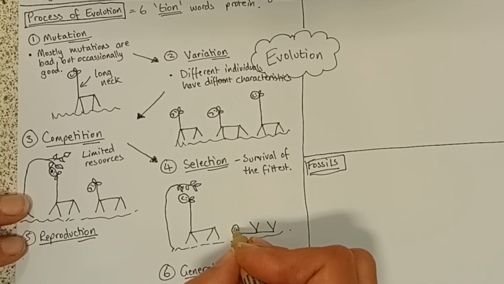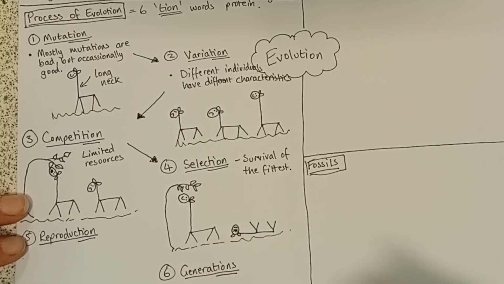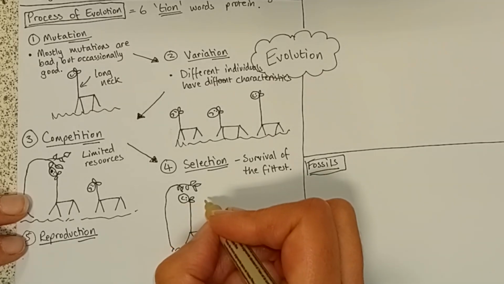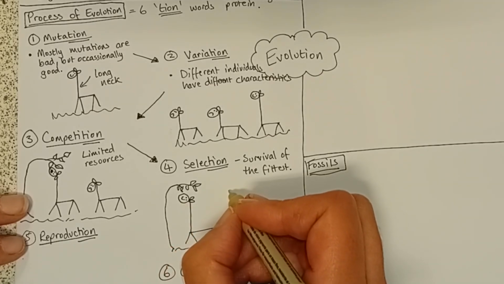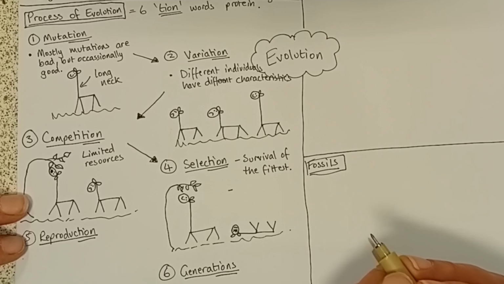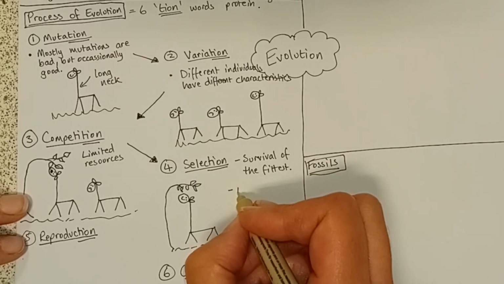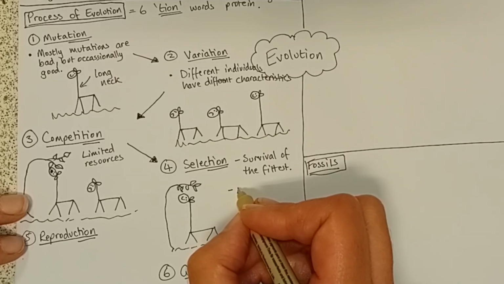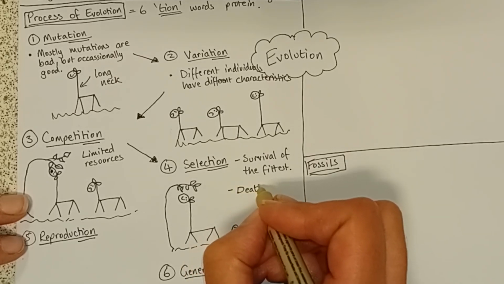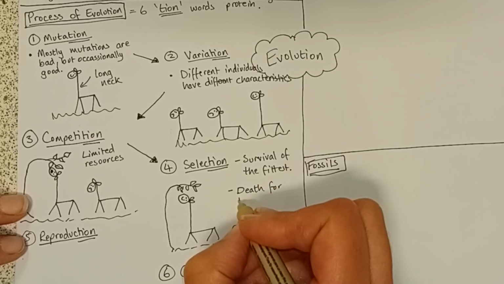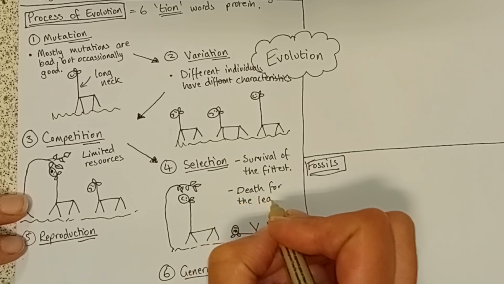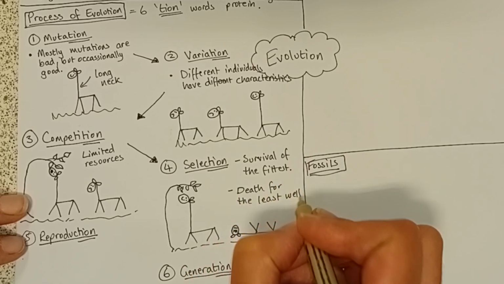Crosses for eyes. The short-necked giraffe is not going to survive. It's going to die. So, death for the least well adapted.